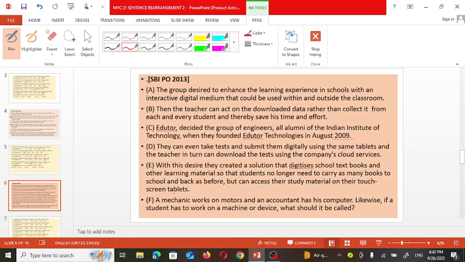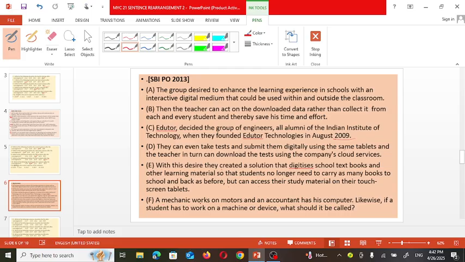Now, while reading also, you are able to relate that this statement E supports this A statement, and this statement supports that statement, but still we are not able to get which should be the first one. So here, let's see the last statement.